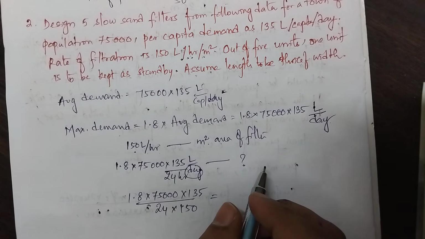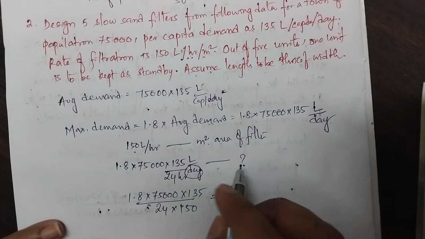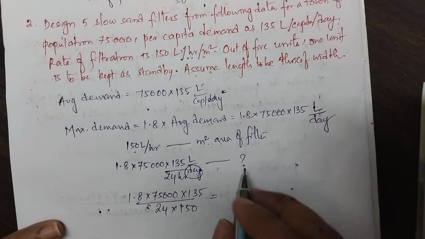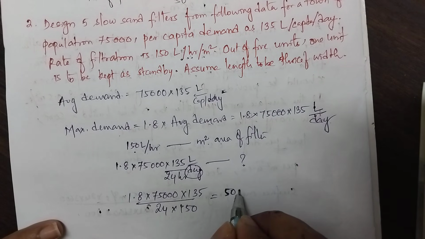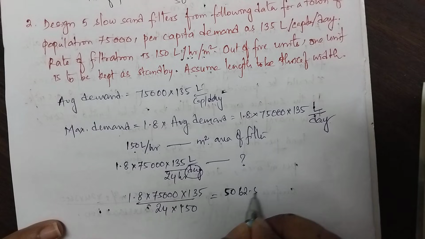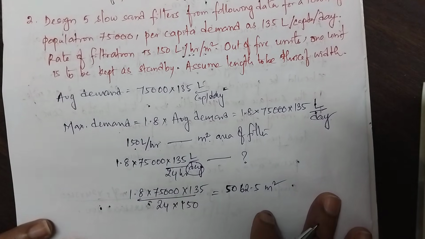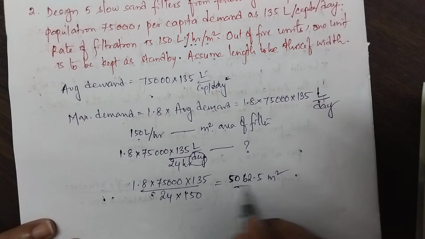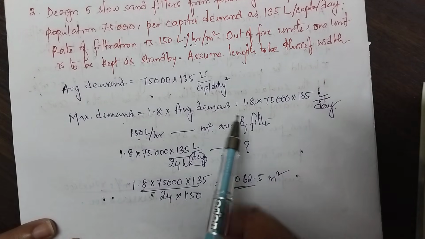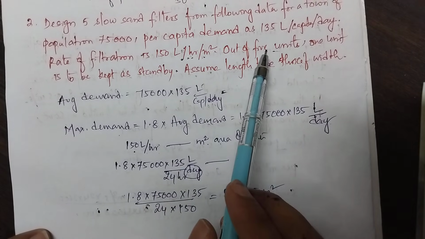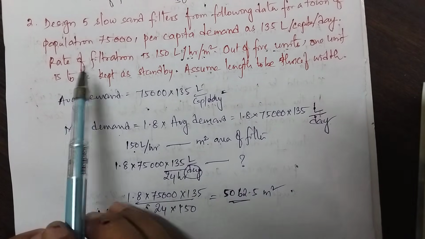So this should come around 5062.5 meters square. Then this area should be provided by 4 units, because 5 out of 5, 1 unit is standby.